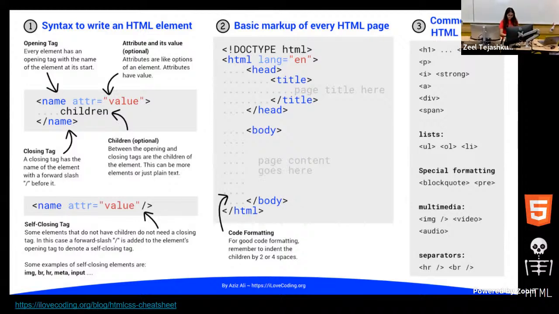Let me just go ahead and download an image. So how do you add an image to it?